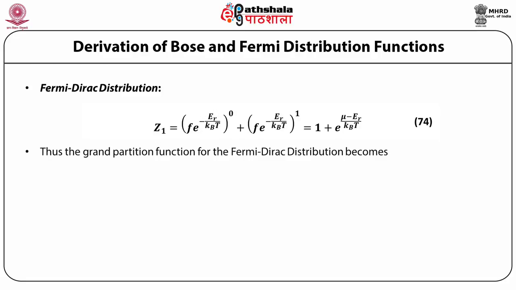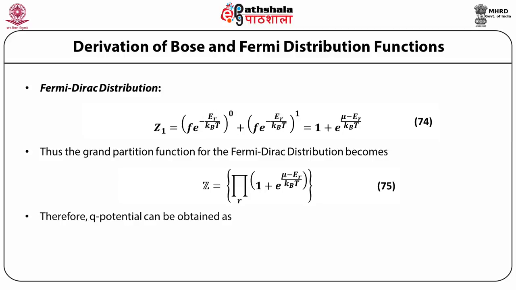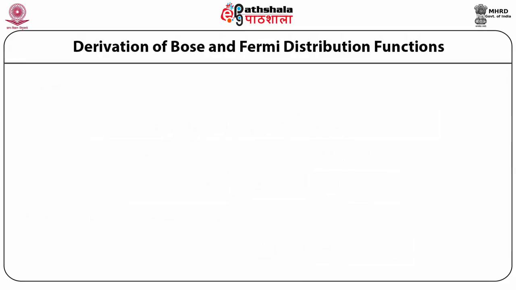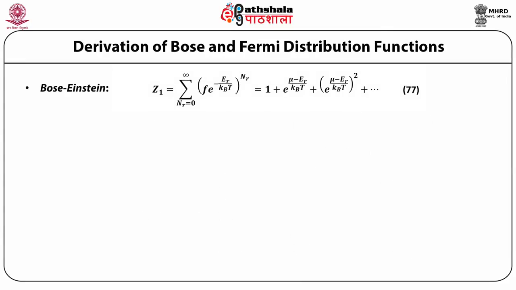Thus, the grand partition function for the Fermi-Dirac distribution becomes Z is equal to product over r of 1 plus e raised to power mu minus er by kBT. Therefore, Q potential can be obtained as Q is equal to log of the partition function is equal to summation over r log of 1 plus e raised to power mu minus er upon kBT. Let us look at the case of Bose-Einstein distribution.